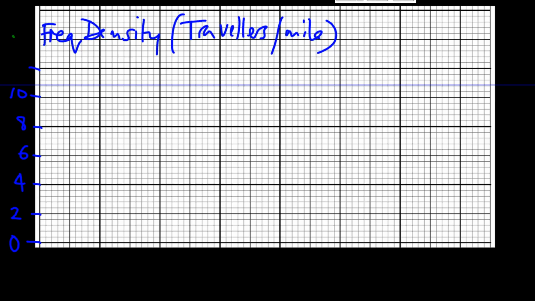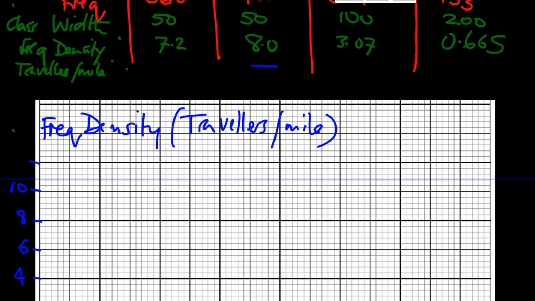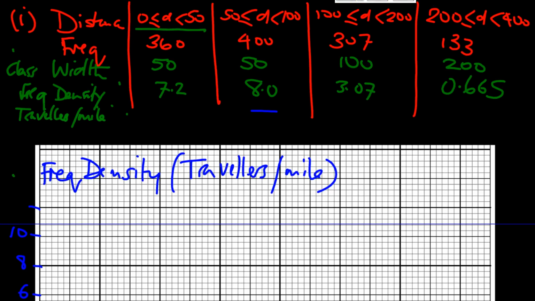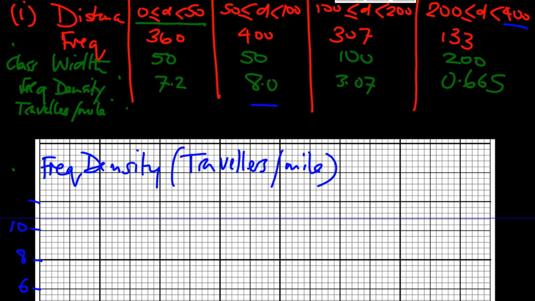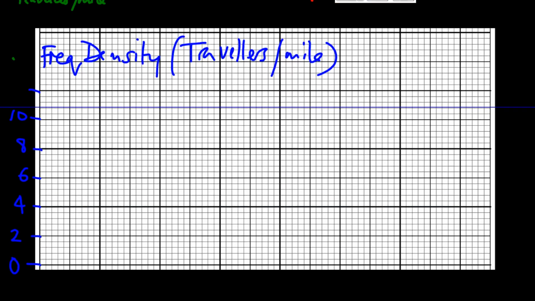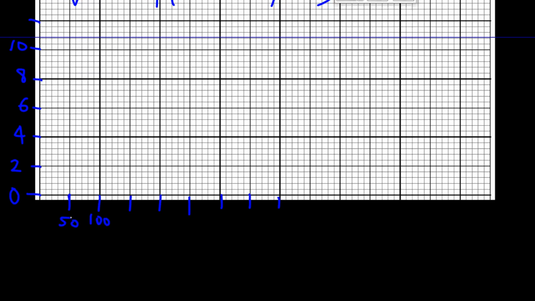Then we need a range going on our horizontal axis. We're going all the way up to 400 miles here, aren't we? We're going from 0 to 400 miles. So we've got 50 miles, 100 miles, 150, 200, 300.